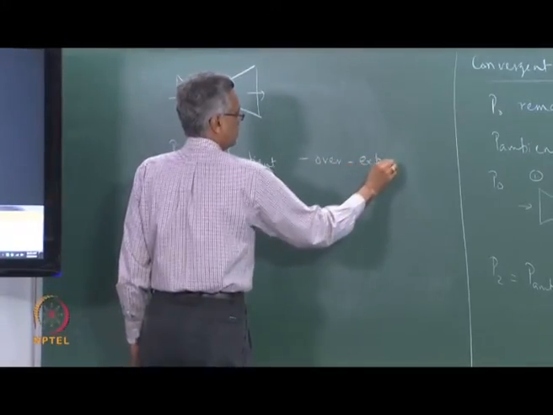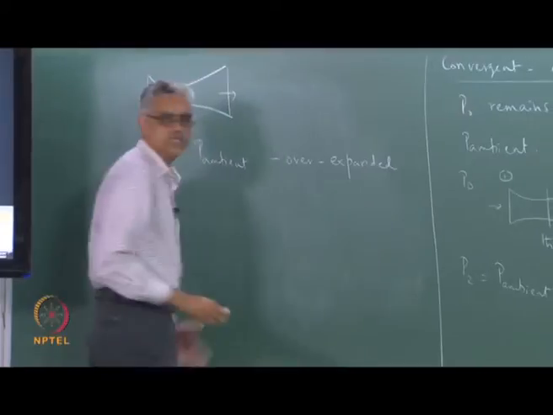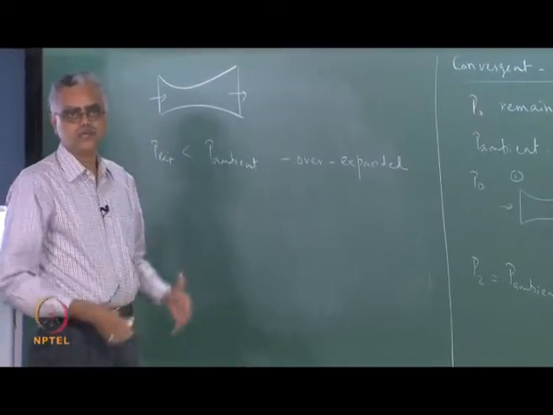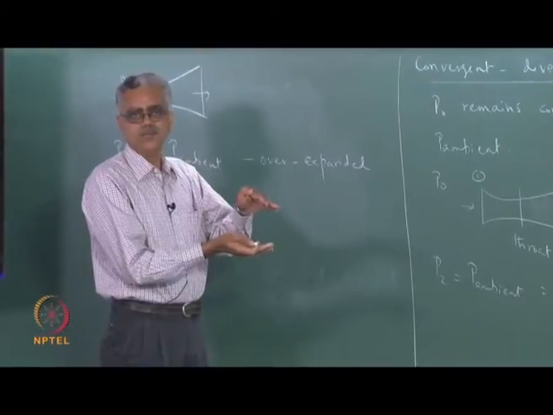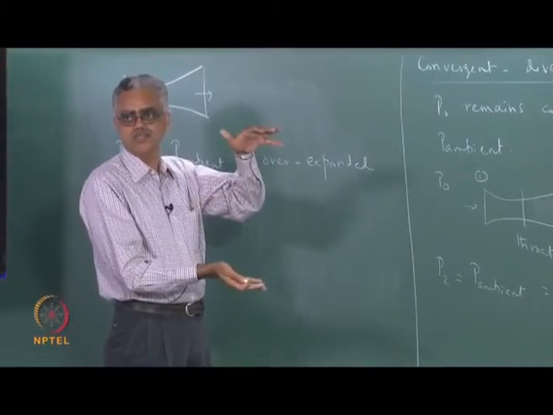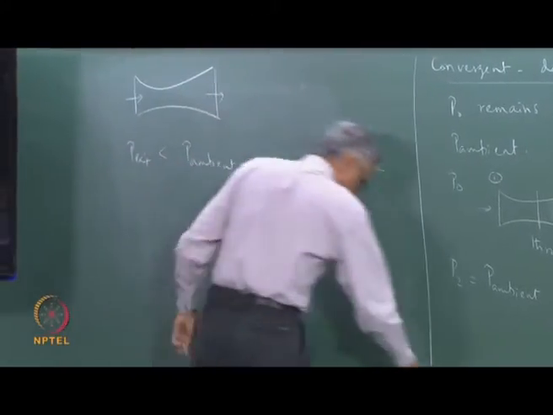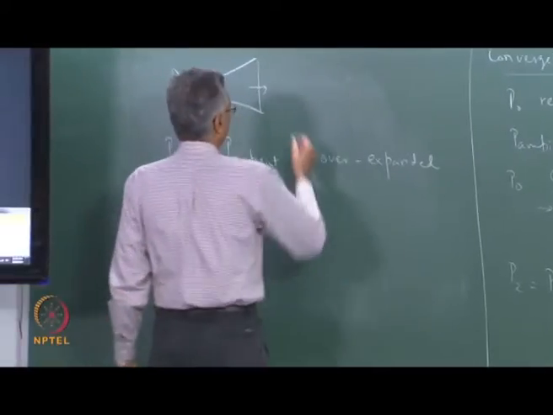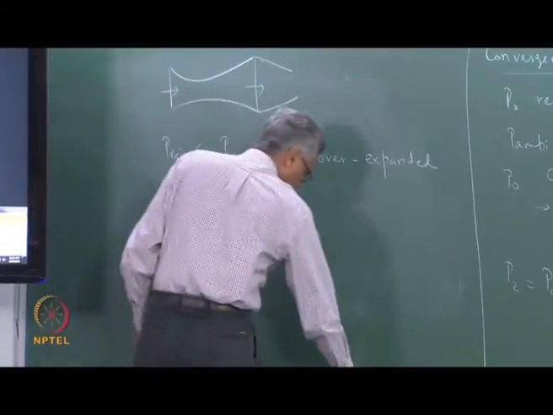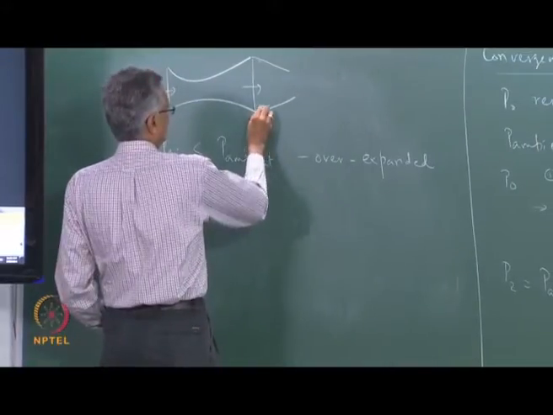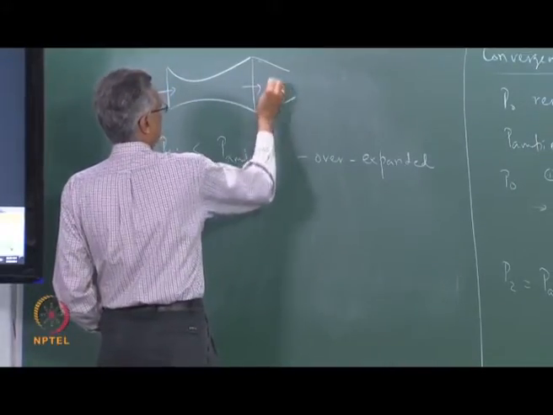So that means the jet has to be compressed outside the nozzle. If it has to be expanded, then the jet swells. If it has to be compressed, then it shrinks. The jet becomes something like this, and we usually get an oblique shock which is generated from the corner.